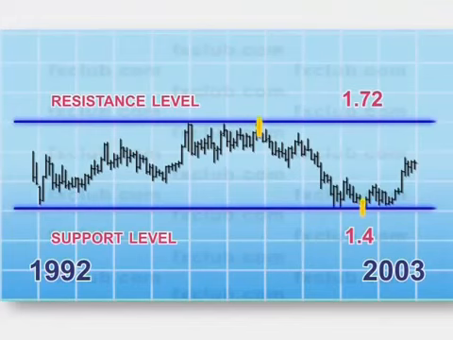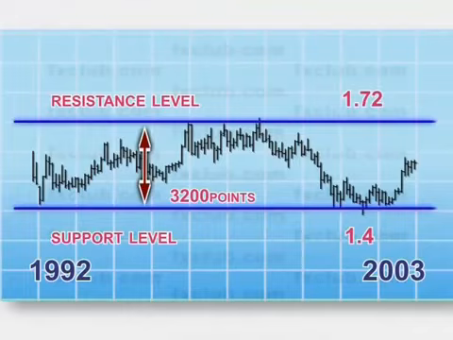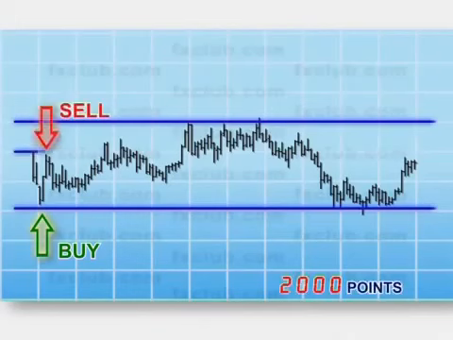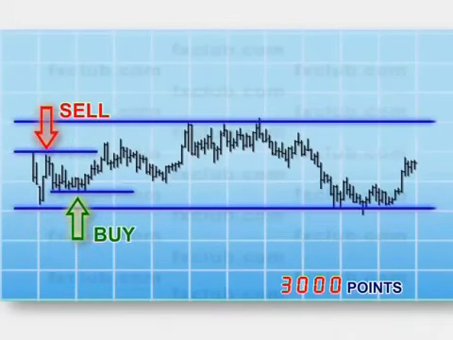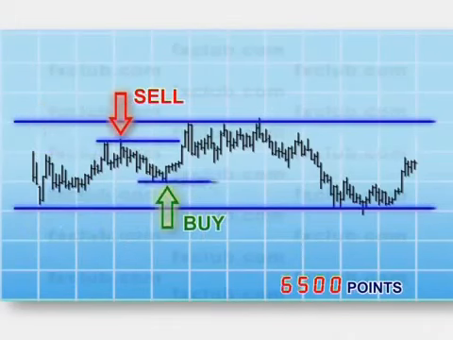Ignoring short-term resistance and support level breakouts, the range width was 3,200 points. It may seem a lot, but believe me, this is treading water for such a serious currency over such a long period of time. If we'd had prior knowledge of this range, we could have become millionaires a few times over.